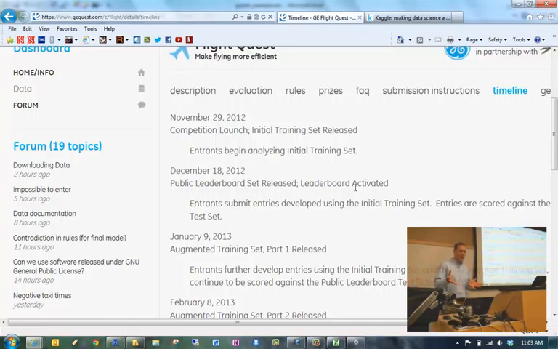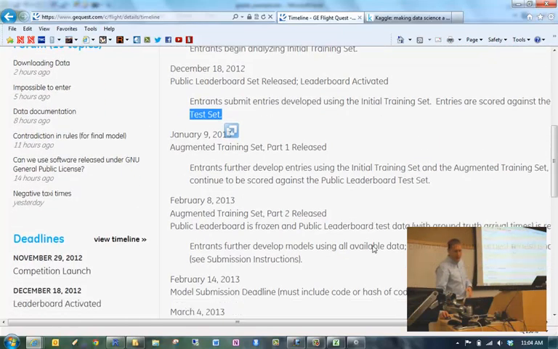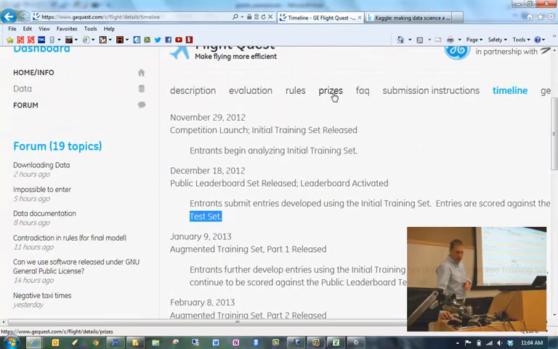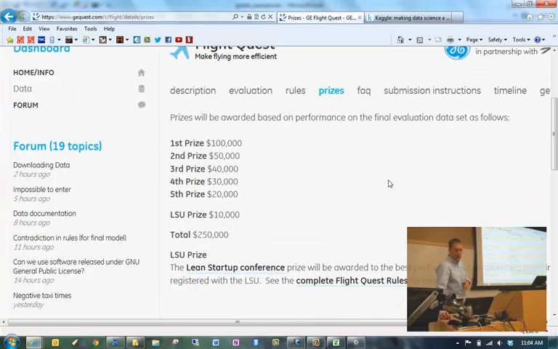Then on December 18th, those who have submitted particular models will have them tried out on what they call a test data set, which is just like our validation data set in section 9.6. Based upon that, they will provide an initial leaderboard about who has the best model. Then there are a few other parts of the competition to finally get to a point of who wins the competition. And it pays to be able to come up with a good model.